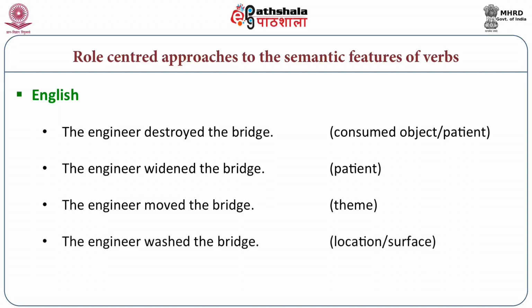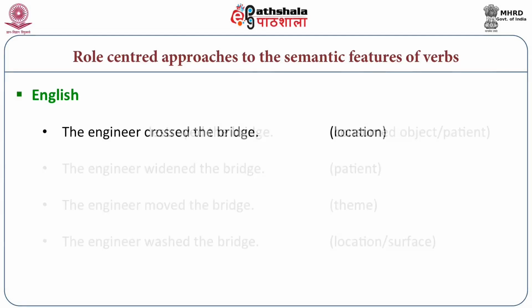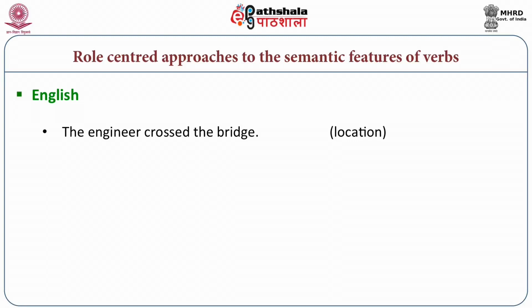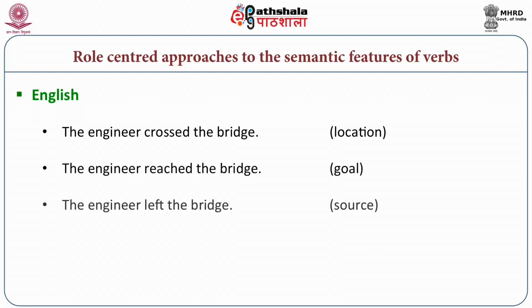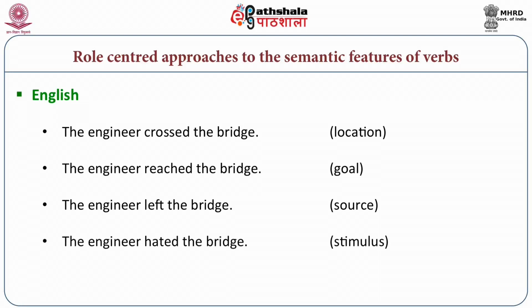In the engineer washed the bridge, it's a location or a surface. The engineer crossed the bridge, it's a location. The engineer reached the bridge, it is a goal. The engineer left the bridge, it is a source. The engineer hated the bridge, it is a stimulus.